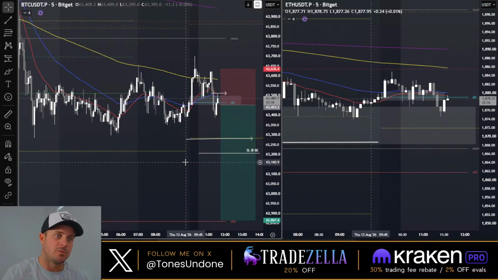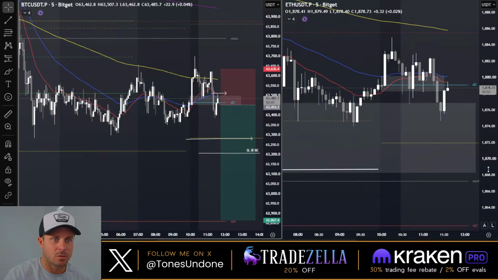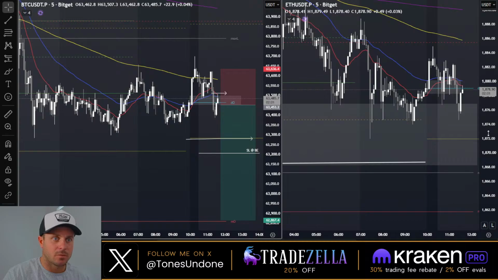This will be a decent 5 minute candle close. First close in that manner.